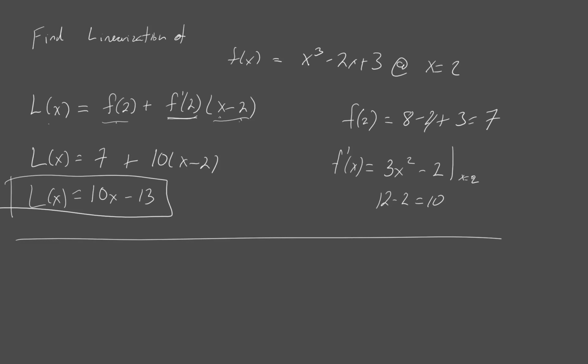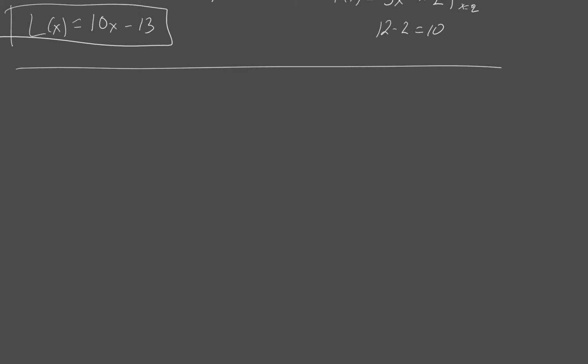That's that one. Okay, let's do another type of problem. Let's use a linearization for an approximation. So let's say I want to approximate f of x equals x over x plus 1 at x equals 1.3. So what we're going to do is find a nice value near 1.3. 1 seems like a nice value.